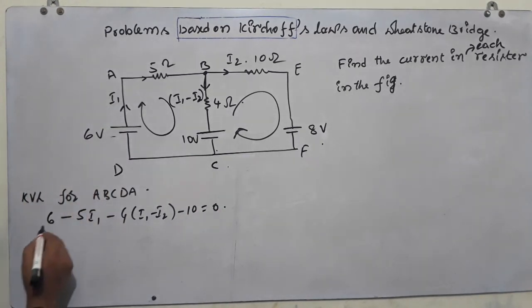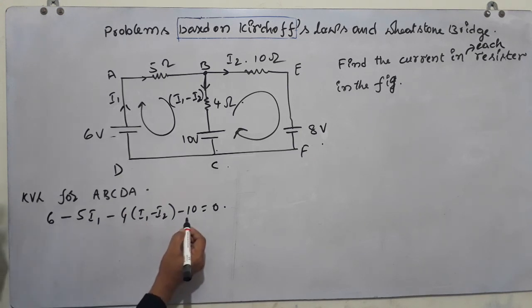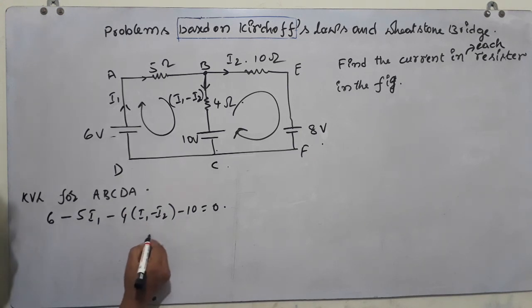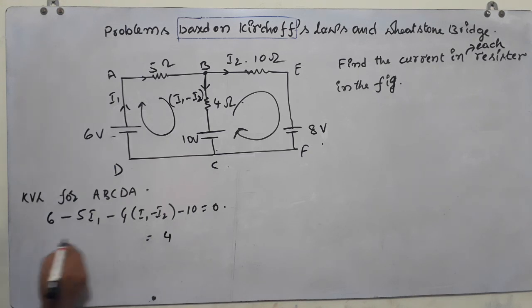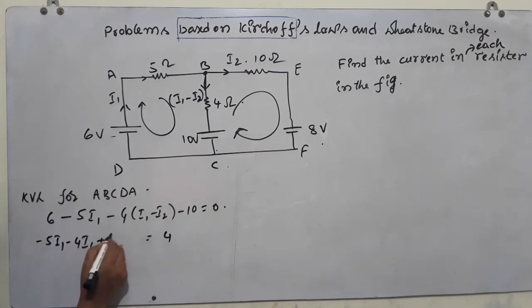So in this situation 6 minus 10 becomes minus 4, so here it becomes plus 4, and here minus 5I1 minus 4I1 plus 4I2 is equal to 4.